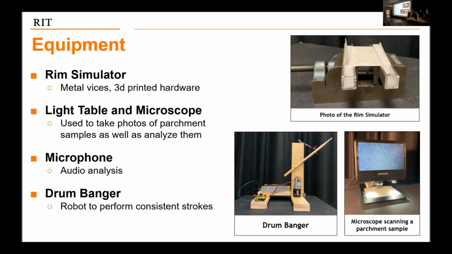So we wanted to simulate a drum the best we could. We built the rim simulator to stretch it kind of like a drum, and then we also made the drum bagger for more analysis, and we used a microscope to scan the parchment samples and a light table.